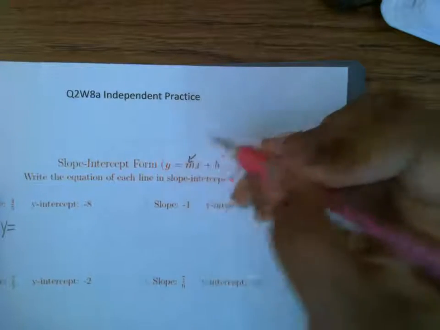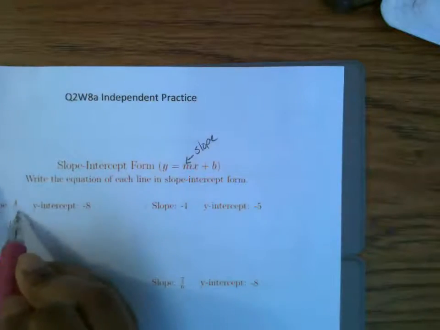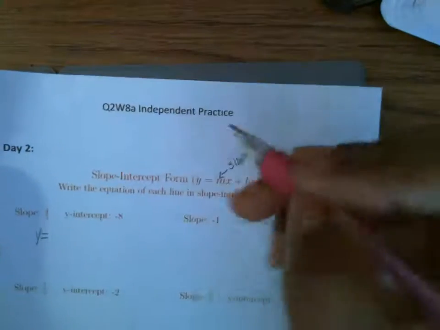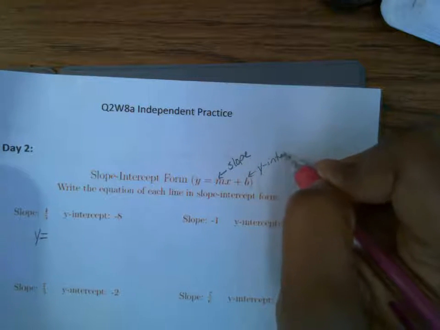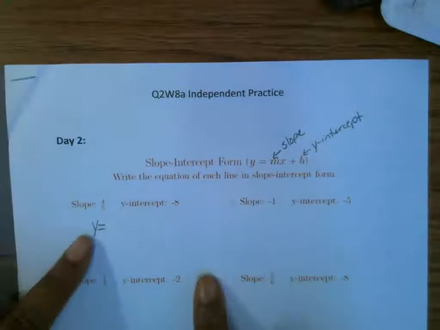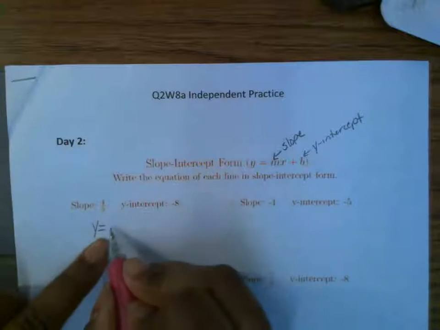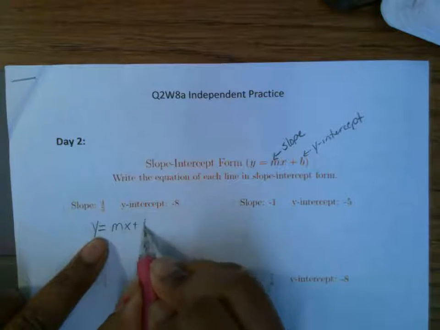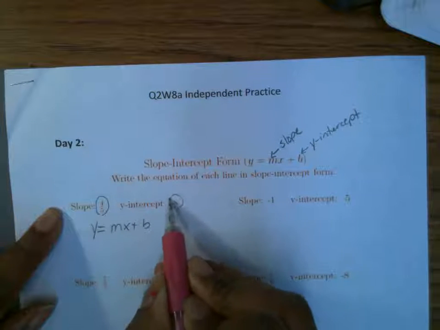Note that your m is the slope. Okay. The slope is given right here. And make a note that your b is the letter that represents y-intercept. Okay. So here, this is how you show your work. Very simplistic. Write the slope-intercept form first for all of these and just plug these values in.